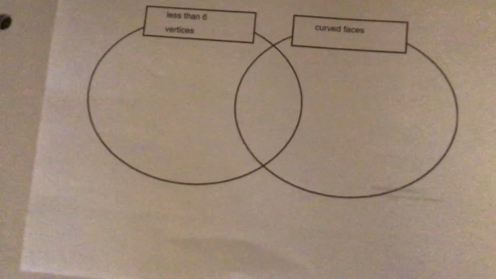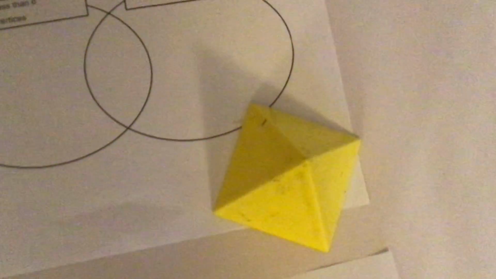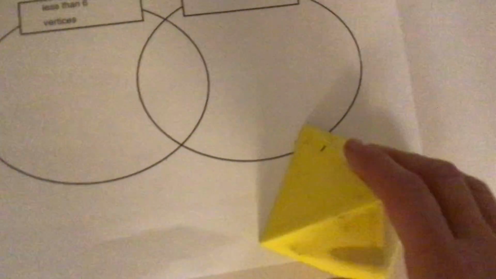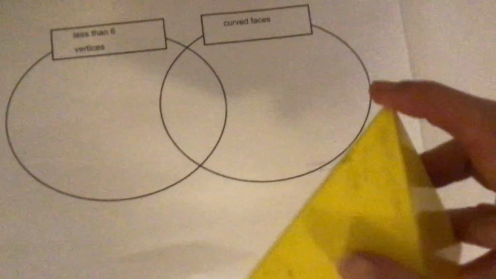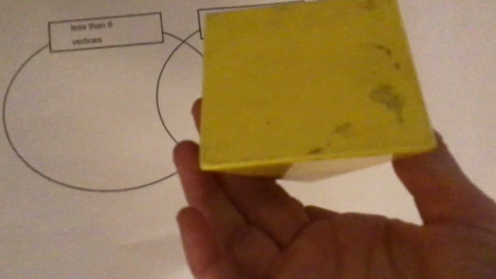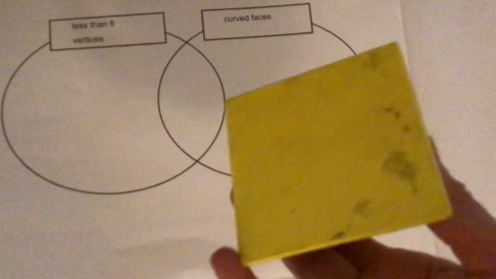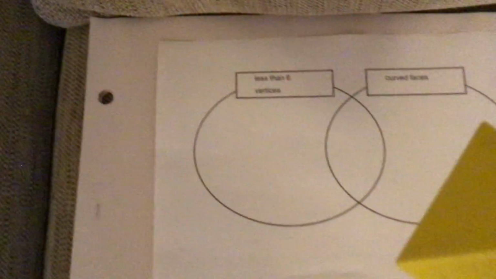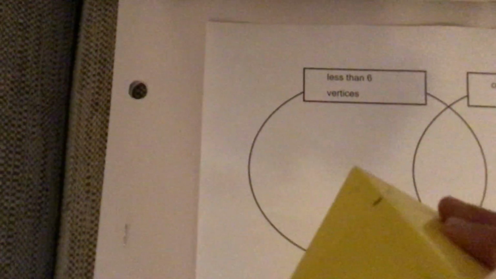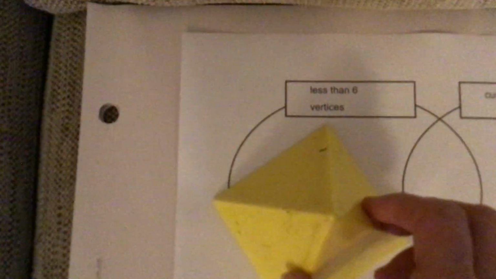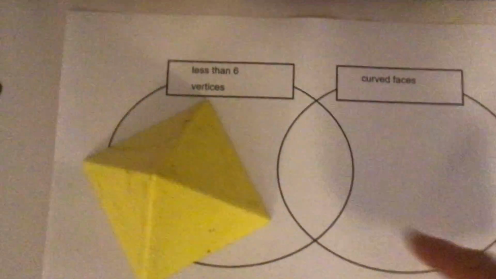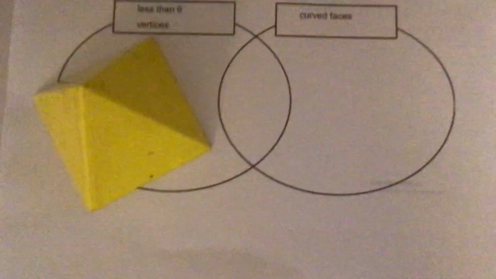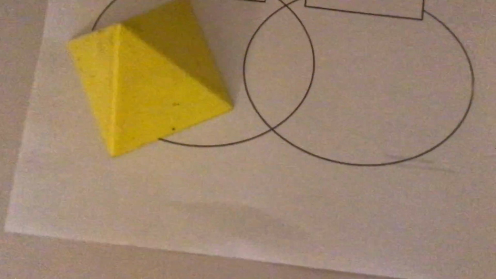Let's look at this shape. This is a pyramid. Let's have a look how many vertices it's got. It's got 1 at the top, and then we've got the 4 at the bottom, the 4 corners. So that's 5 vertices. Well, 5 is less than 6, so it must go over here. It's not going to go in the middle because it hasn't got a curved face.